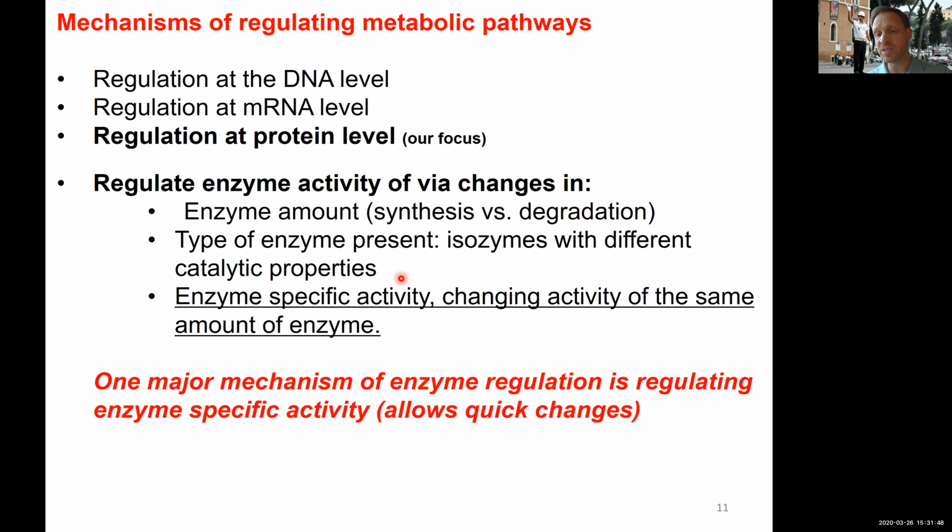The advantage of this type of regulation is that it's very quick. You can imagine that simply changing the activity of an already present enzyme is much faster than having to either make a whole lot more new enzyme or breaking it down. So this is a way of very effectively, very rapidly changing and regulating metabolic reactions.